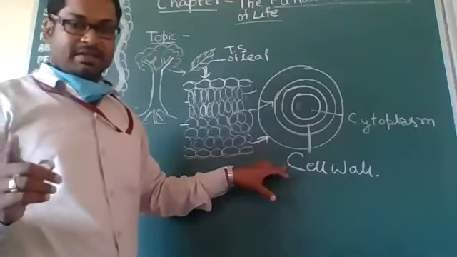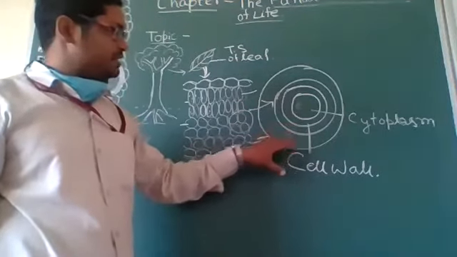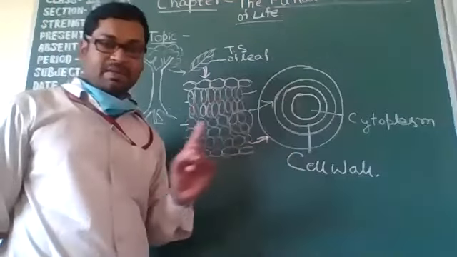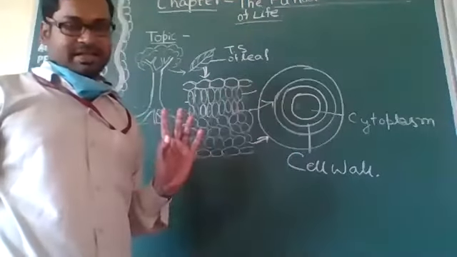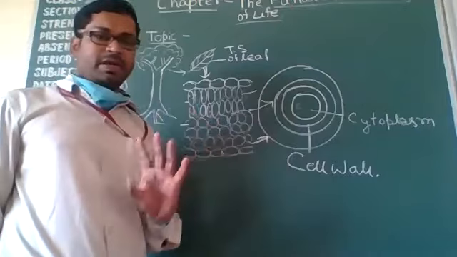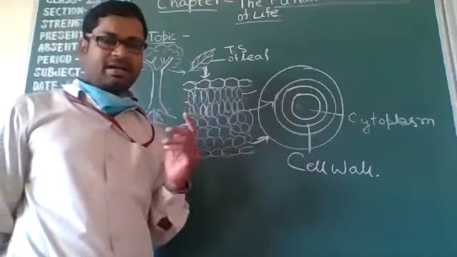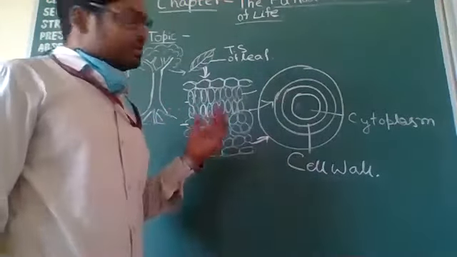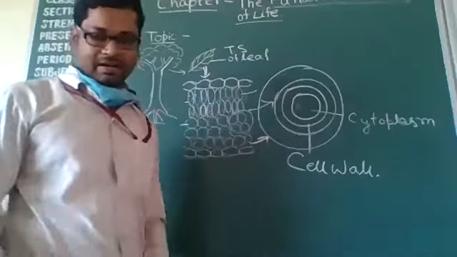So where is the cell wall present? The cell wall is present outside the plasma membrane of plant cells, and also in some prokaryotic cells, bacteria, and some algae.